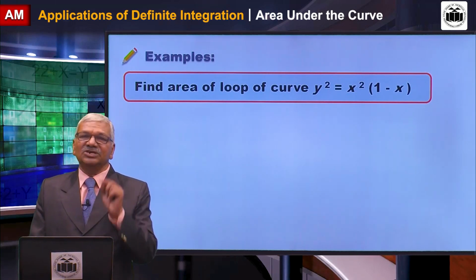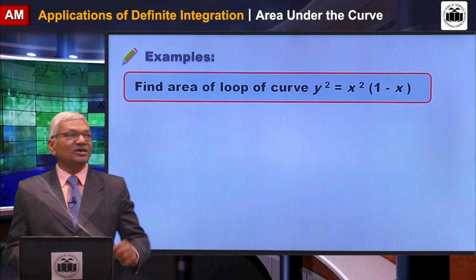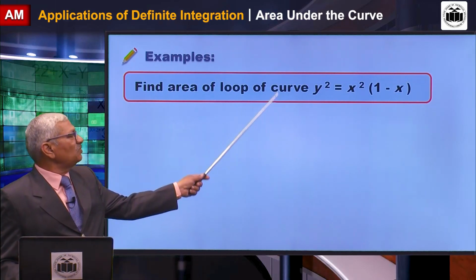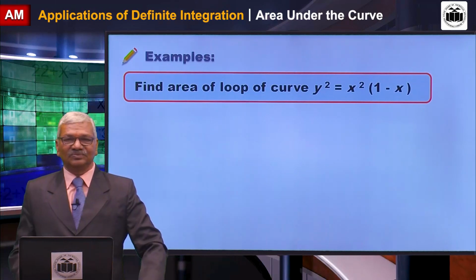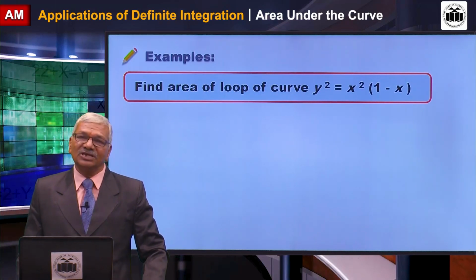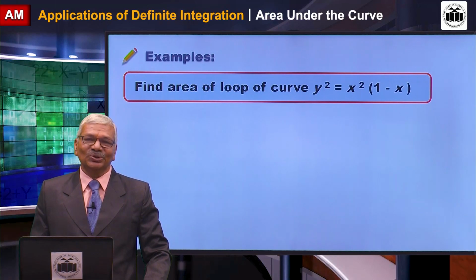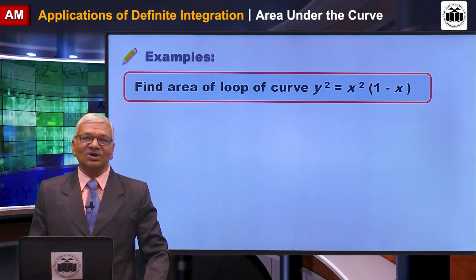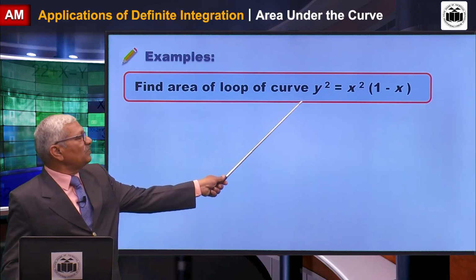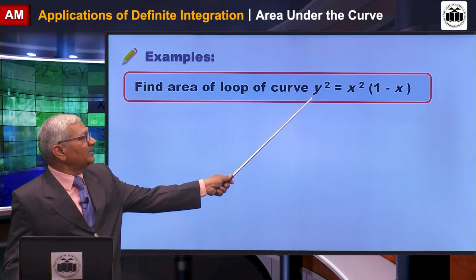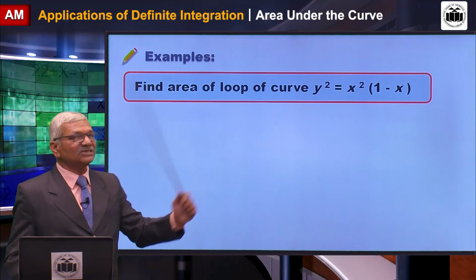If you observe this equation, what is the equation here? y square equals to x square into bracket 1 minus x, right? So whose power is even here? No. x is not even, because if you simplify this bracket, you will get x square minus x cube, and the cube means the power is 3, which is odd.